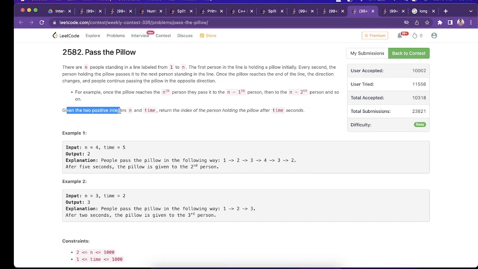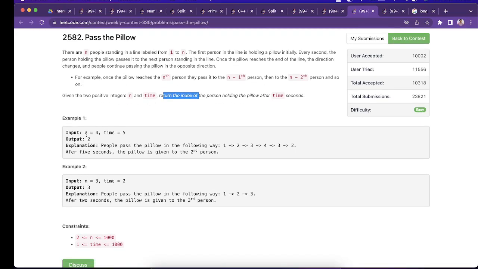We are given as input n and time, and we have to return the index of the person holding the pillow after time seconds.